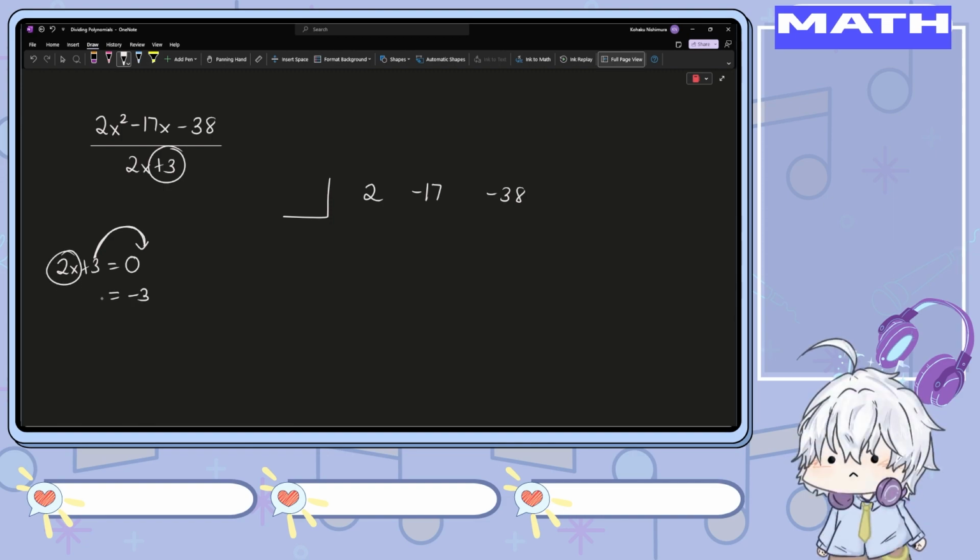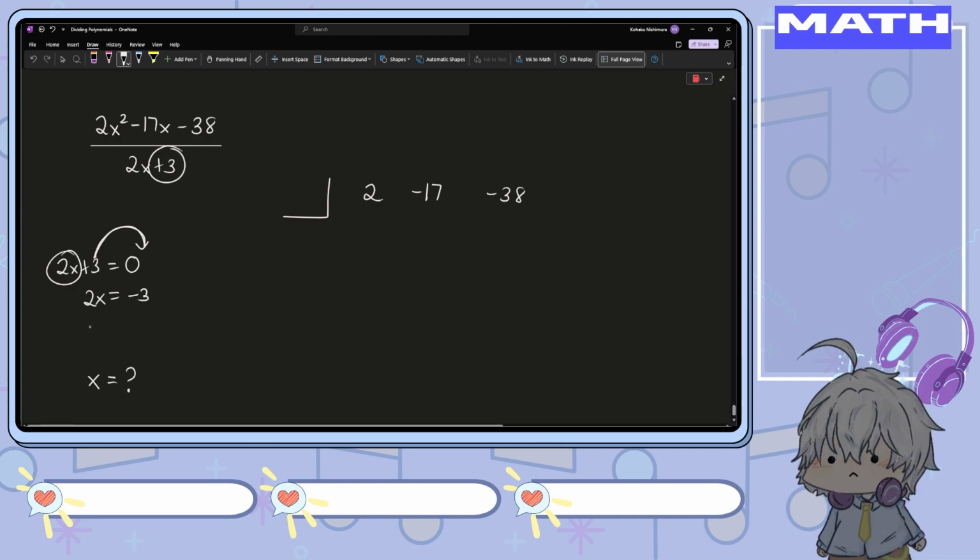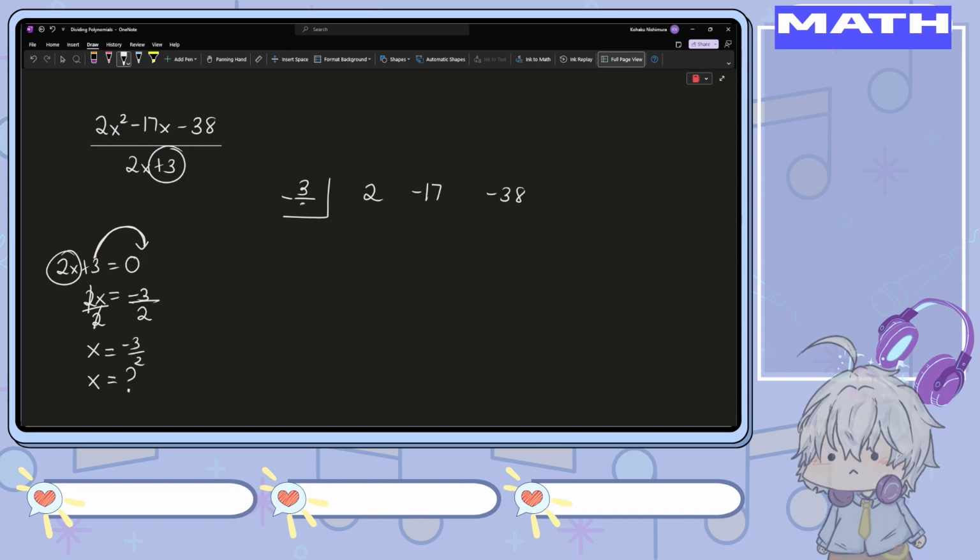And we are left with 2x. Again, I just want this to look like x is equal to something. What's good about this, I can remove the number beside x by dividing both sides of the equation by 2. Doing so, we have x is equal to negative 3 over 2. And that is the thing that we need to write here.